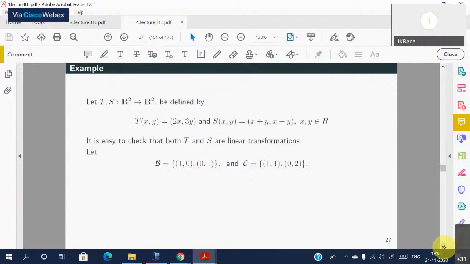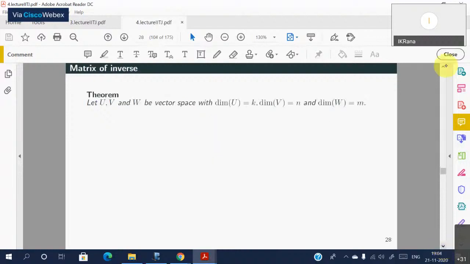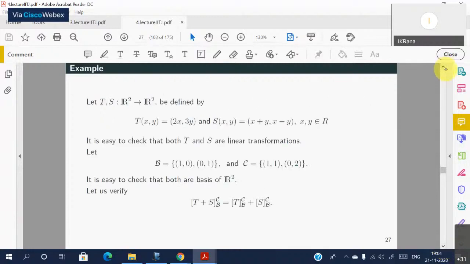For the composition, it is again matrix multiplication, so one can check that. You can check for the sum, it is the same. I think these examples are best done in your tutorial session.